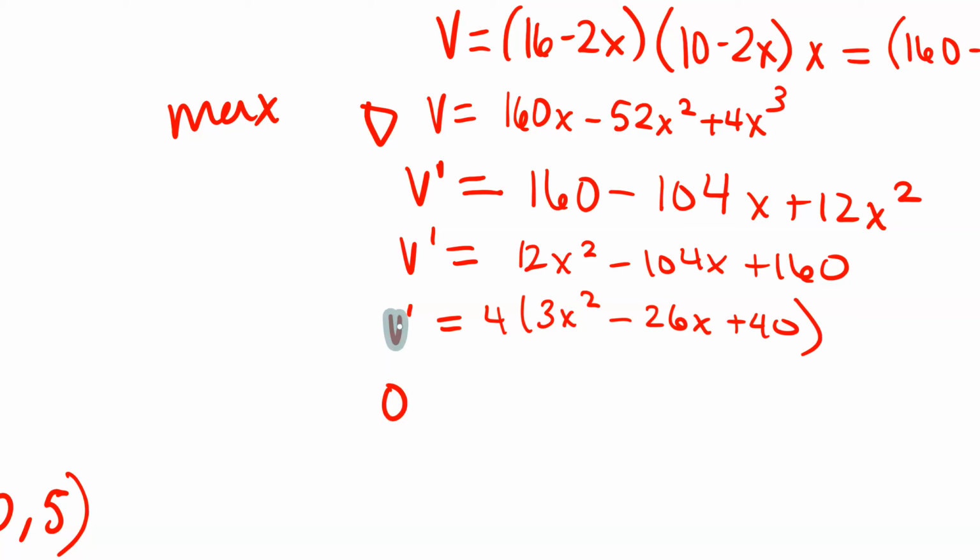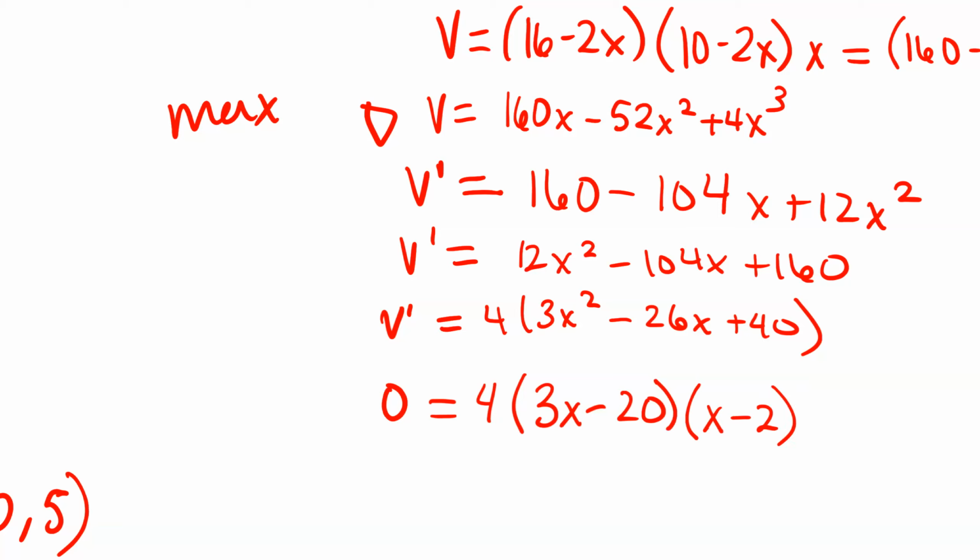So I want to set my derivative equal to 0 because we're maximizing. I just need to factor 3x squared minus 26x plus 40. That gives 3x minus 20 and x minus 2.